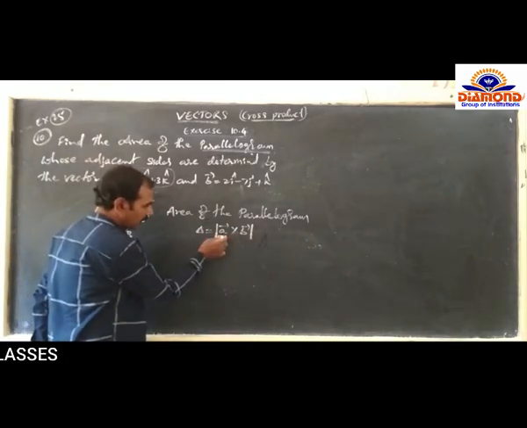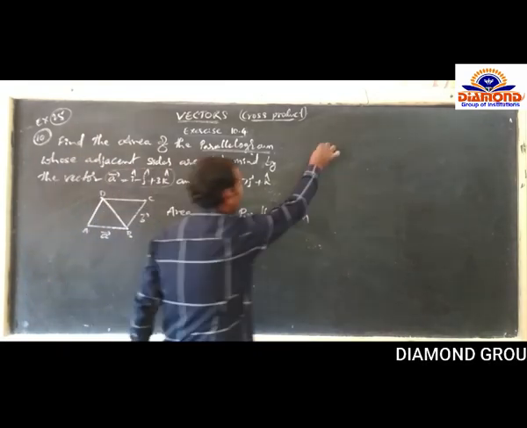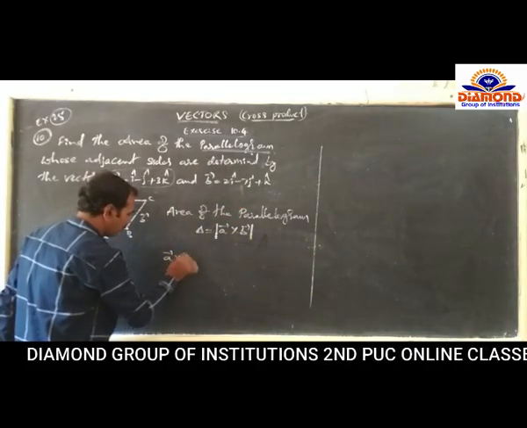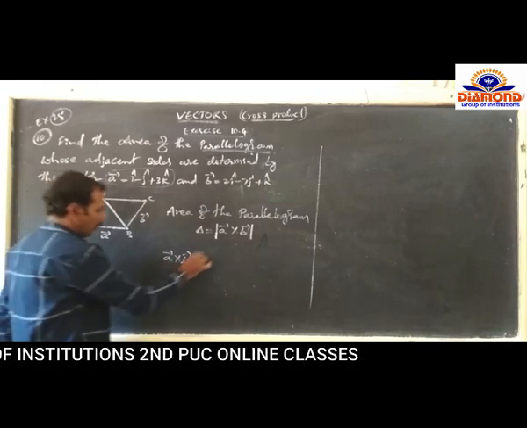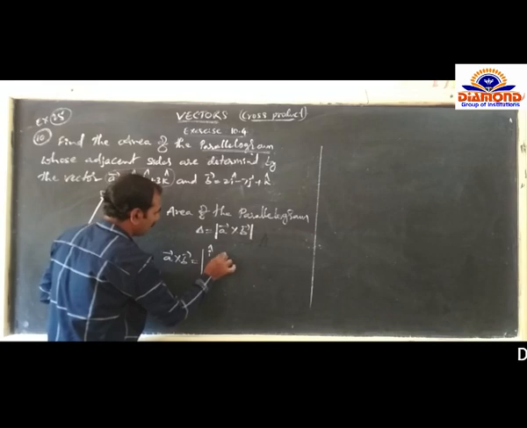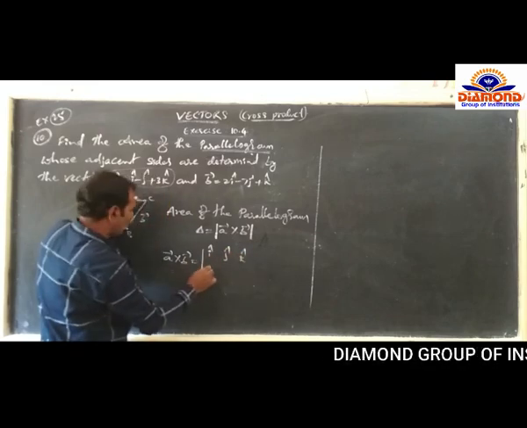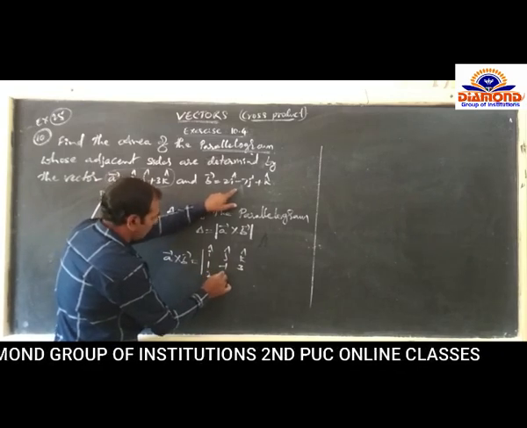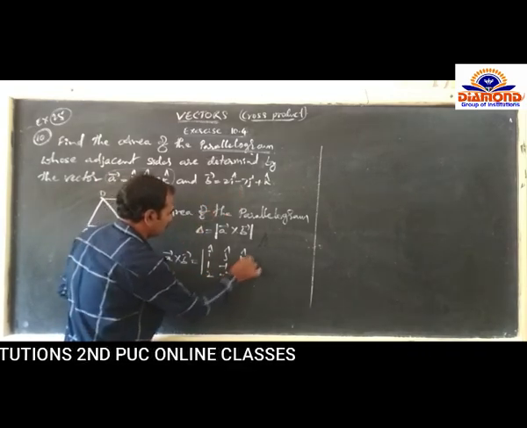First you calculate A bar cross B bar. A bar cross B bar equals the determinant of I cap, J cap, K cap; 1, minus 1, 3; 2, minus 7, 1.